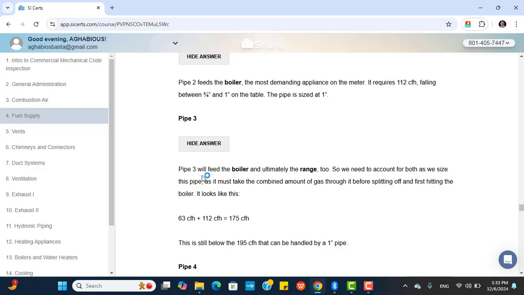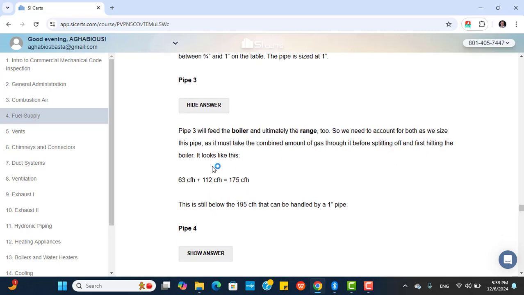Pipe 3 will feed the boiler and ultimately the range too. So we need to account for both as we size the pipe, as it must take the combined amount of gas through it before splitting off and first hitting the boiler.